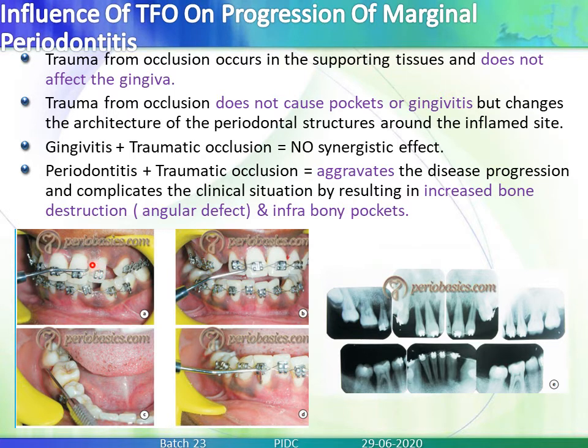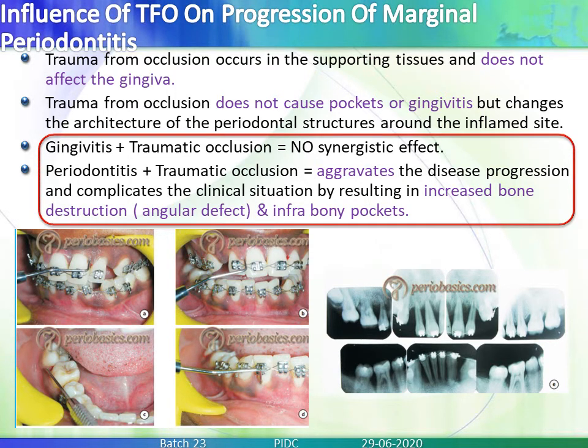It is because the patient is maintaining very clean hygiene that the orthodontists have gone in for the treatment. In other words, gingivitis plus traumatic occlusion has no synergistic effect, whereas periodontitis plus trauma from occlusion aggravates the disease progression and complicates the clinical situation by resulting in increased bone destruction and infrabony pocket.